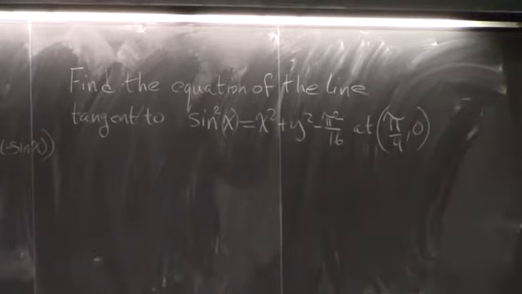Okay? Find the equation of the tangent line to sine squared of x equals x squared plus y squared minus pi squared over 16. Don't let that scare you.